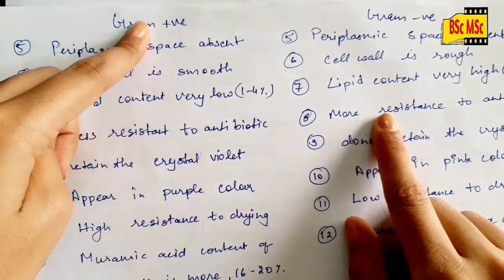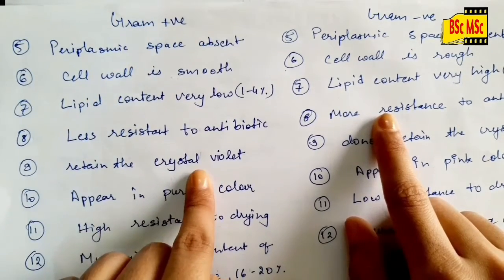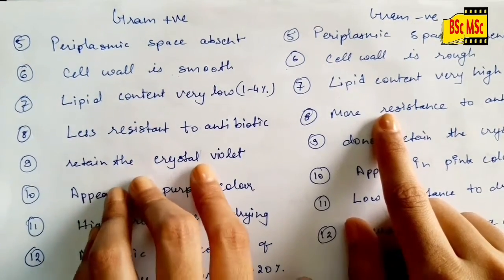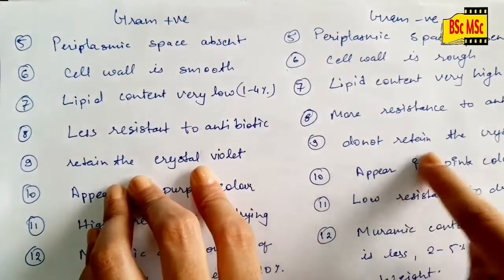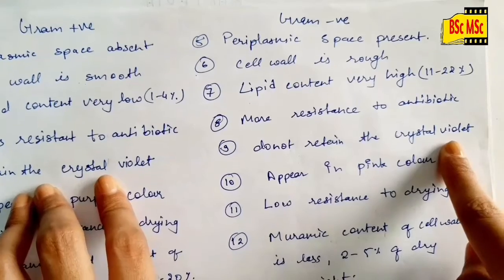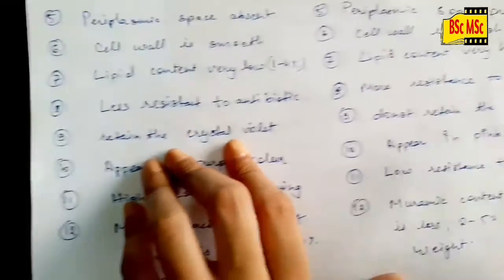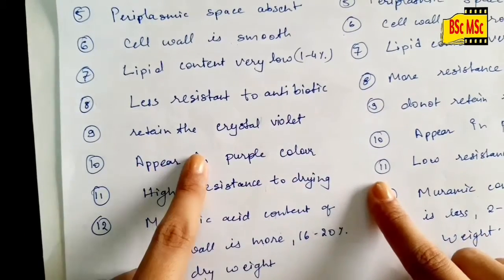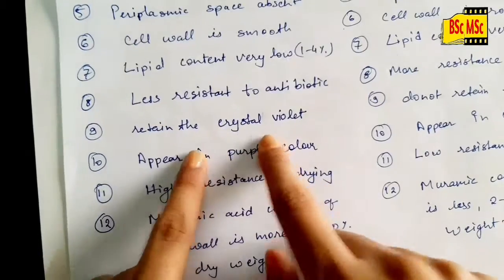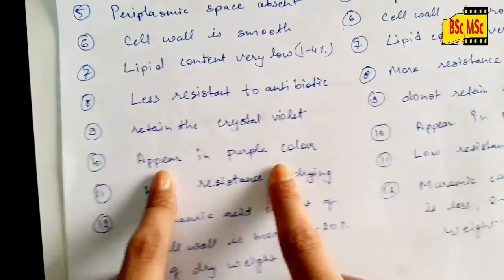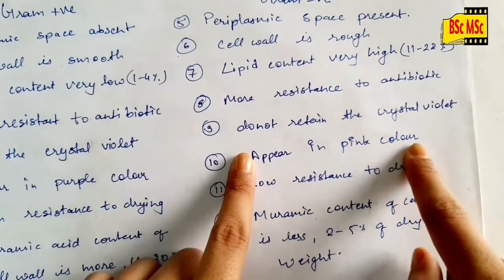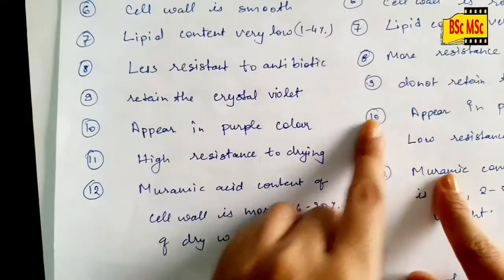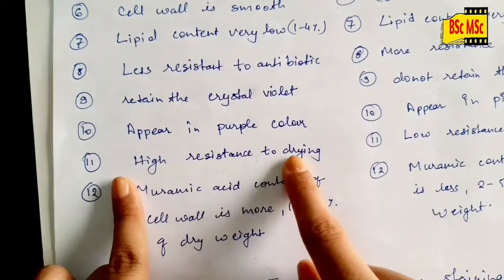Gram-positive bacteria retain the crystal violet stain during the gram staining, and gram-negative bacteria do not retain the crystal violet stain during the gram staining. So, because of this, it appears in purple color, and because of this, it appears in pink color. And it is high resistance to drying.